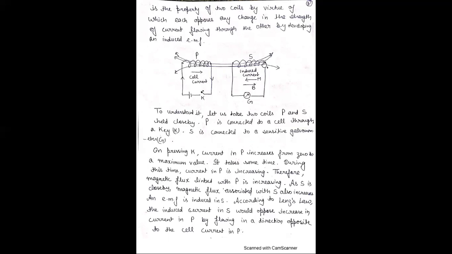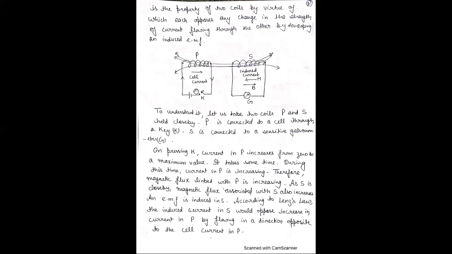Let us consider two coils P and S held closely. P is connected to a cell through a key K and S is connected to a sensitive galvanometer that shows the deflection. Now in the first case, when we press the key, the circuit is closed and current in P increases from 0 to a maximum value.